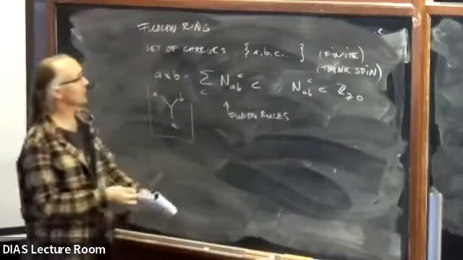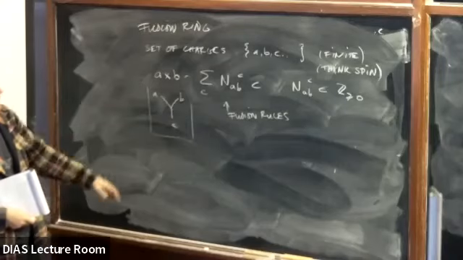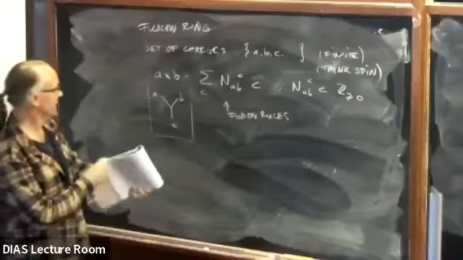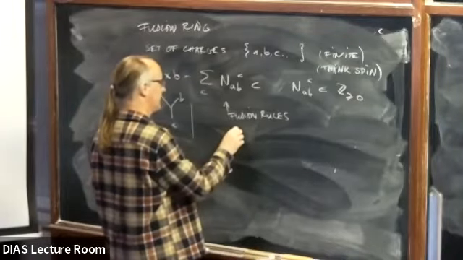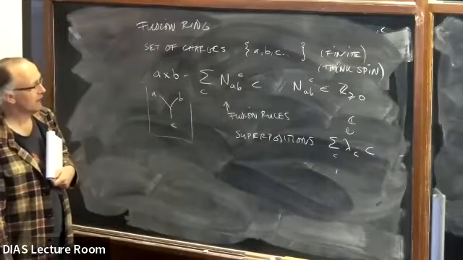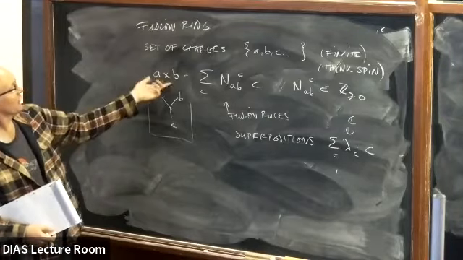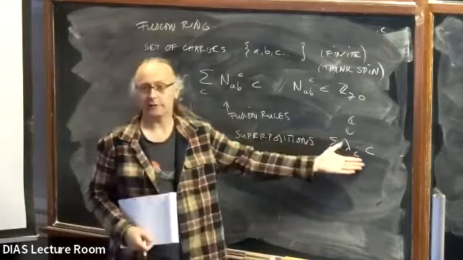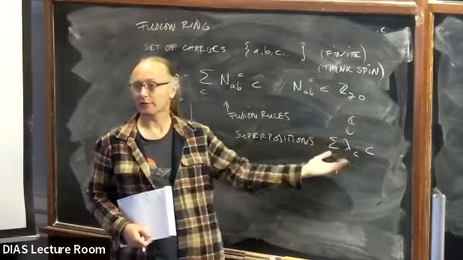And of course, you can make this structure into a ring or even an algebra by saying, well, instead of just having these charges, I allow myself arbitrary formal linear superpositions of these charges. So superpositions are allowed: the sum over C of lambda_C times C, where lambda_C is a complex number. Then I have a multiplication of charges given by this cross, which we can extend to linear combinations by making everything distributive.